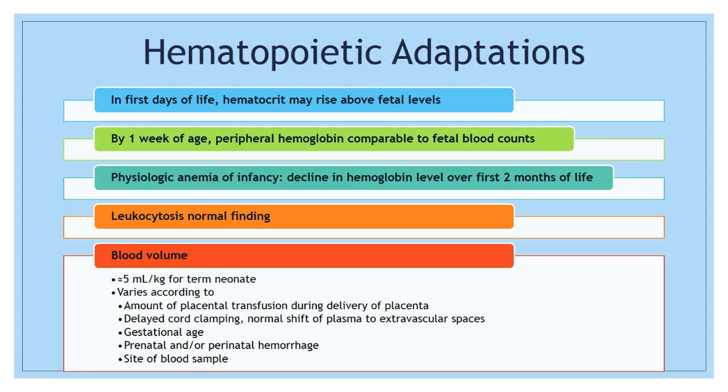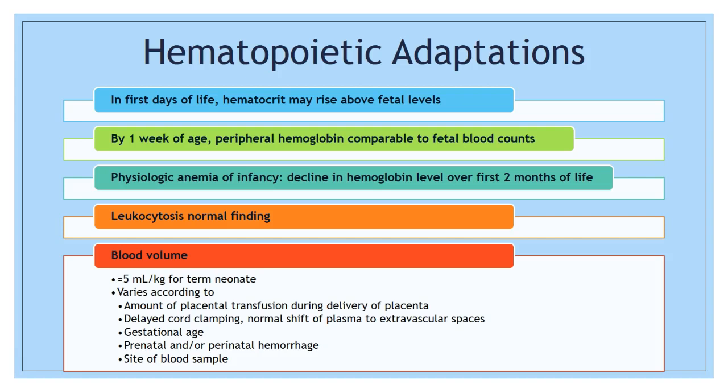Leukocytosis is a normal finding in newborns. They've been through the stress of labor and birth. So, for the same reason that you see a maternal level of increase, you see the same in the baby. From a blood volume standpoint, approximately 5 milliliters per kilogram for a term neonate is what is normal.